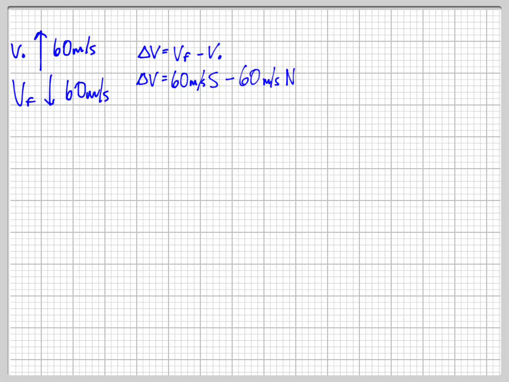Now, 60 minus 60 is 0, but 60 south minus 60 north is not. And the reason it's not is because of our little negative sign right here.